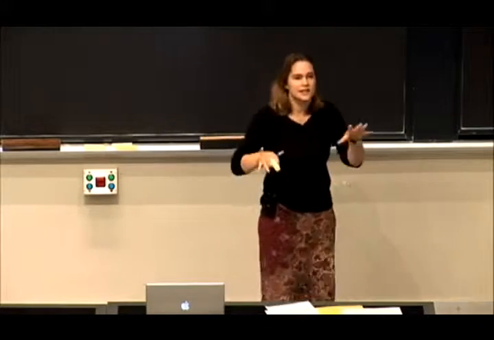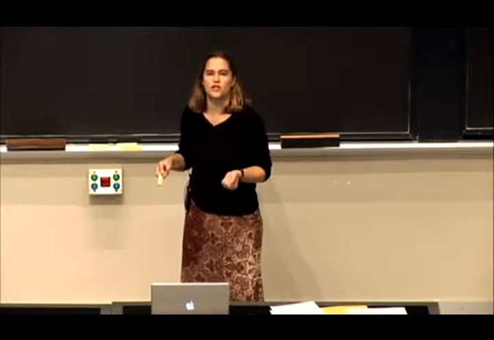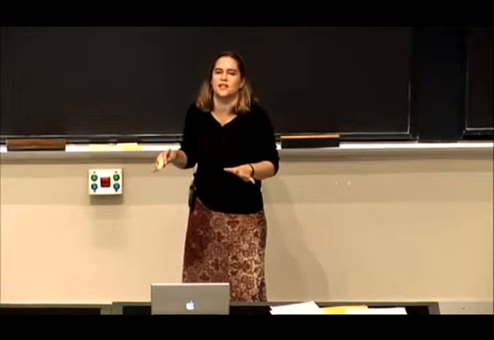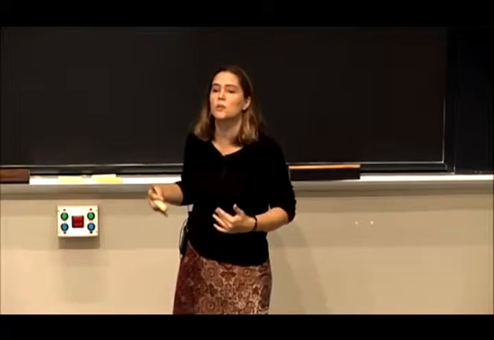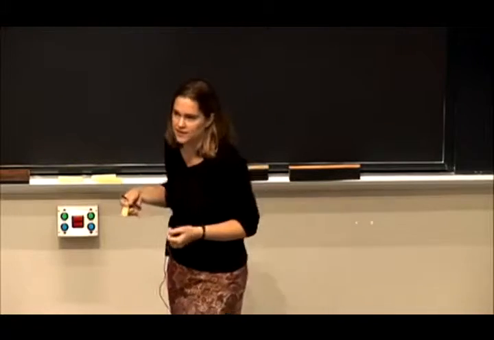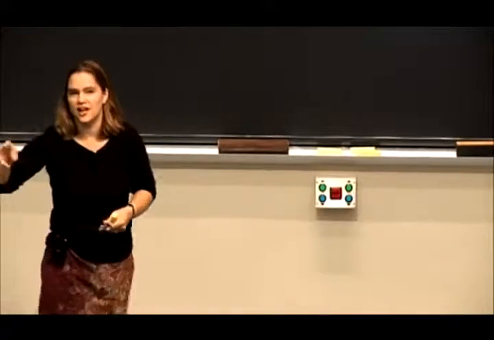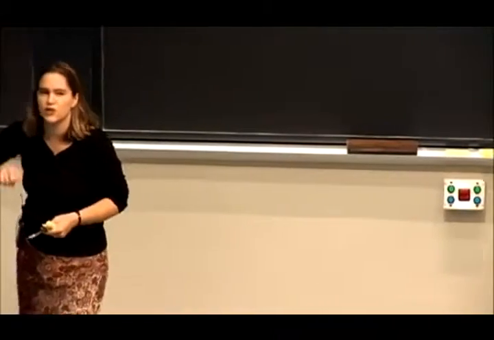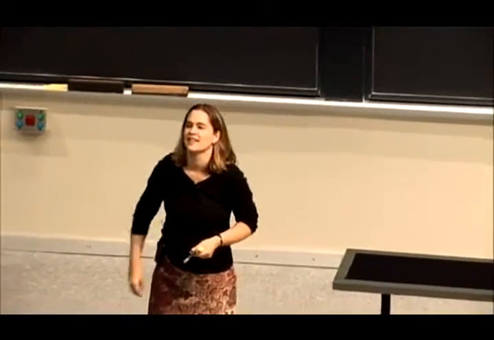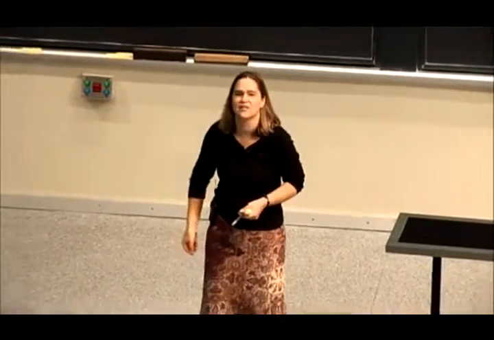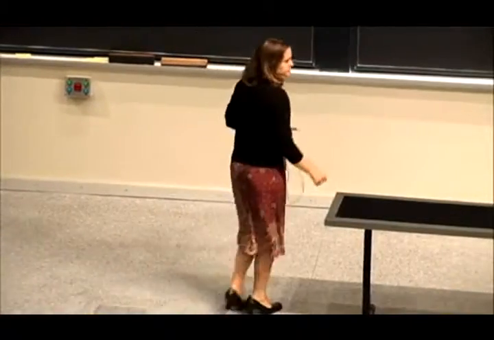So this is how you would predict the direction of the shift, based on the simple idea that when a stress is applied to a system, the system will respond in a way to minimize the stress. I talked about last time that this concept of minimizing stress is difficult for some MIT students, but you just sort of have to memorize that in this case, we're predicting how a system will shift to minimize that stress.